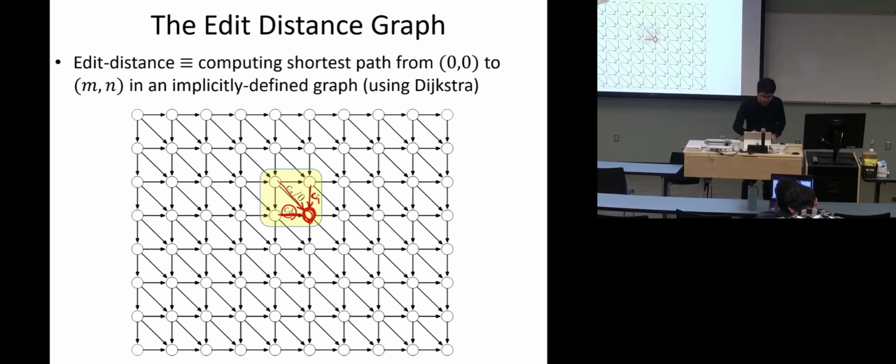If they are the same, you put weight 0, and otherwise you put weight CS. And you can see that what you want to compute is basically the shortest path from node 0,0 to node m,n in this graph. So that's actually another way to look at this algorithm. You really just create this table, like this graph, and compute the shortest path.